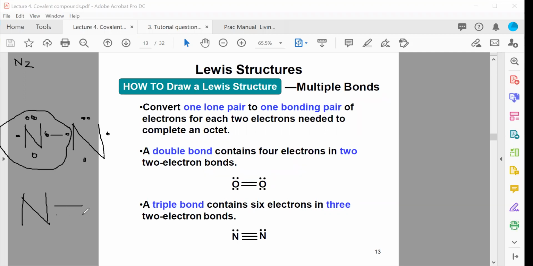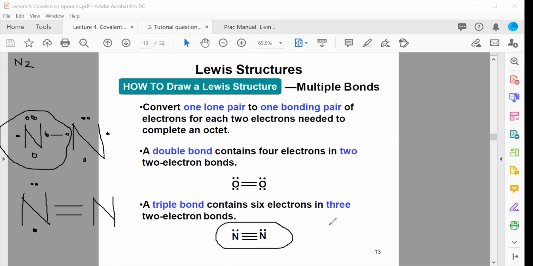If we try a double bond, we would have 2, 4, 6, 7. So that doesn't work. Hence the need for a triple covalent bond. And that's commonly how atmospheric nitrogen exists, with that very strong triple covalent bond.